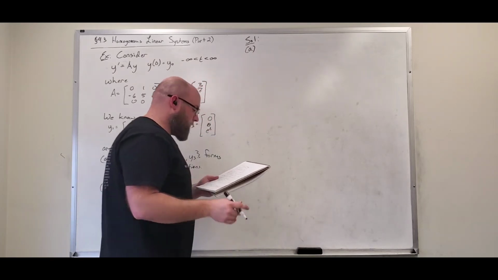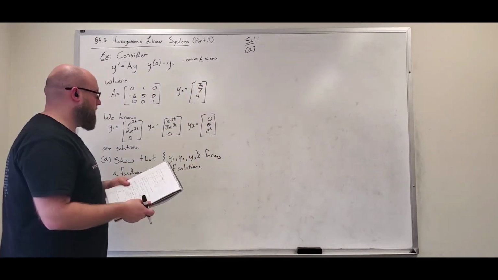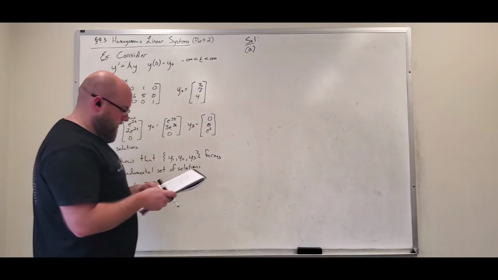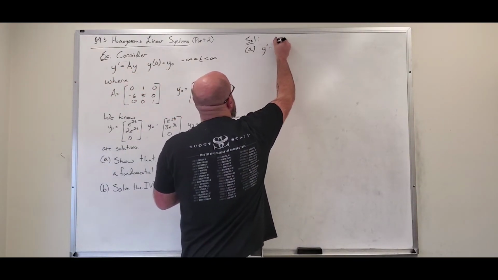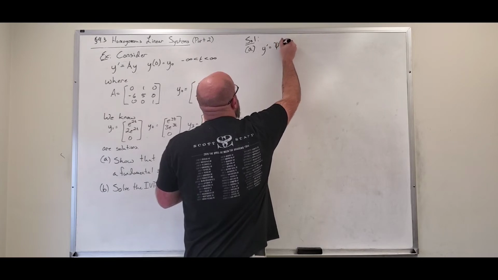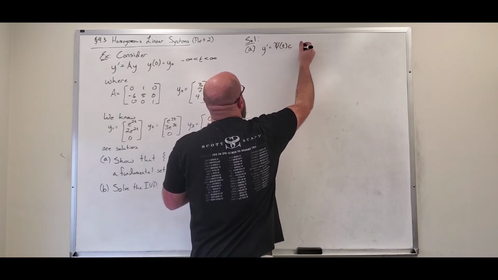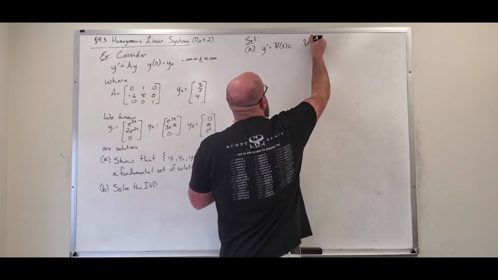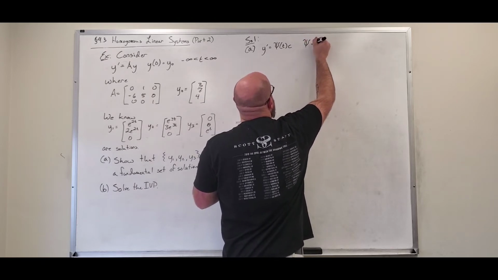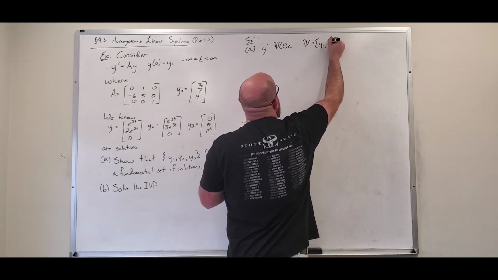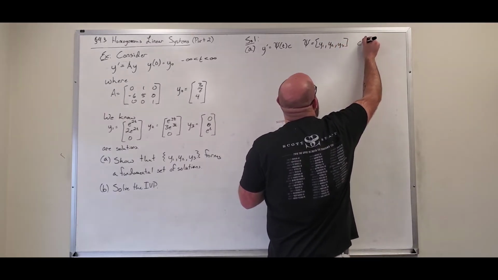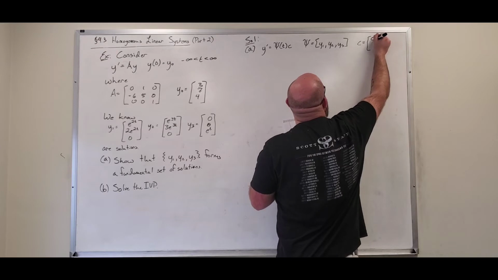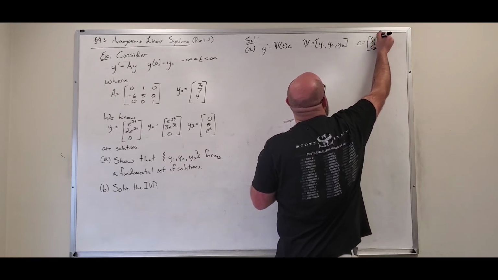So again, previously we wrote our linear combination of y1, y2, y3 as y = psi of t times c, where psi we represented was equal to y1, y2, y3, and c was equal to c1, c2, c3.